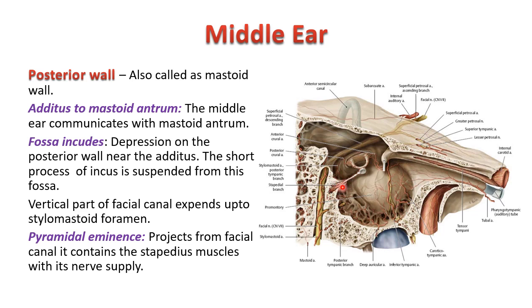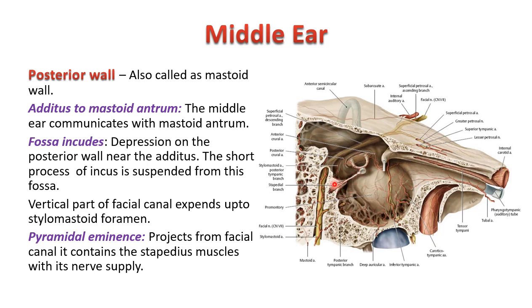It has a small opening through which the tendon of the stapedius muscle emerges. Inside the pyramidal prominence you see the stapedius muscle, and the tendon alone comes out through a small opening and gets inserted to the neck of the stapes bone.